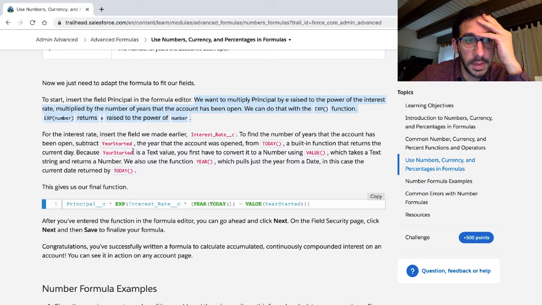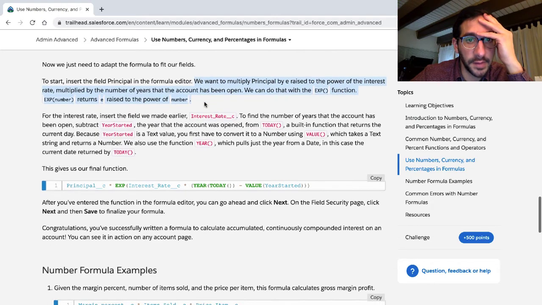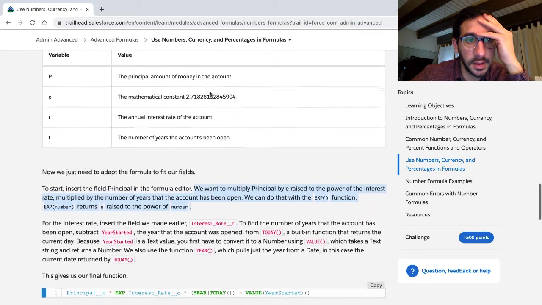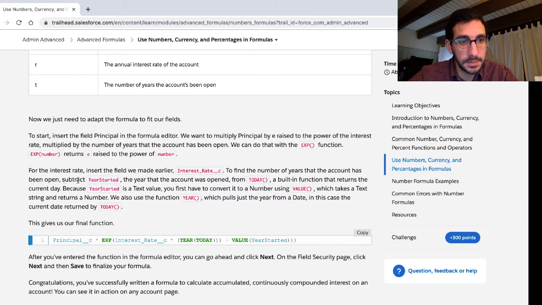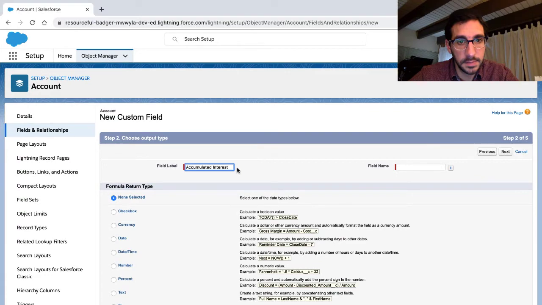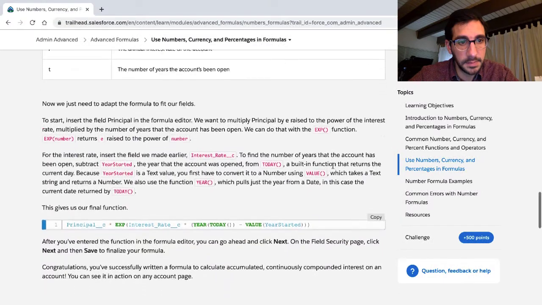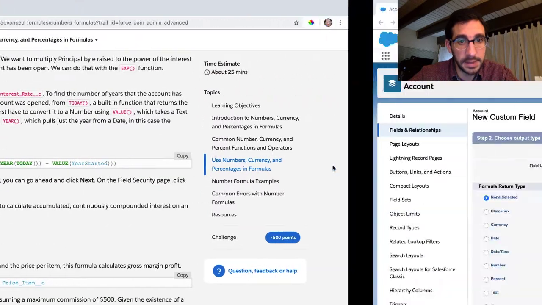Insert the field principal in the formula editor. So I'm going to create a new field. We're going to create a formula for it. We'll call it accumulated interest. I think this is going to be a number.